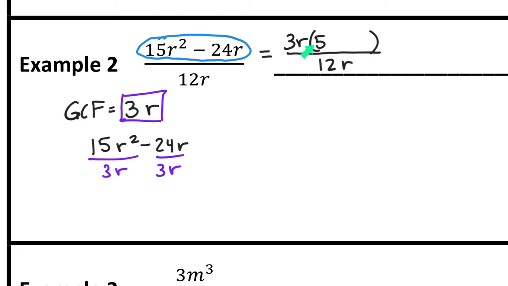What's r squared divided by r? It's r, minus, right, bring the minus. What's 24 divided by 3? It's 8. R divided by r will cancel. Okay, so this is factoring out the GCF on the top.